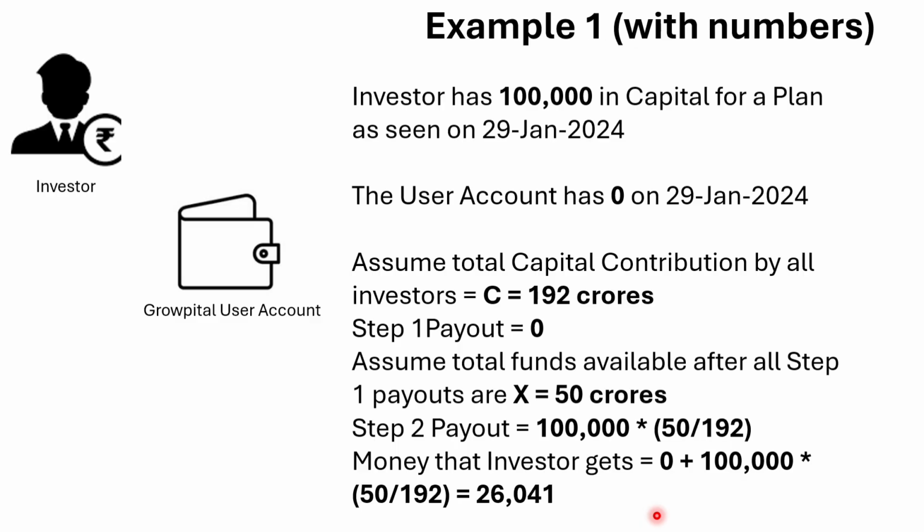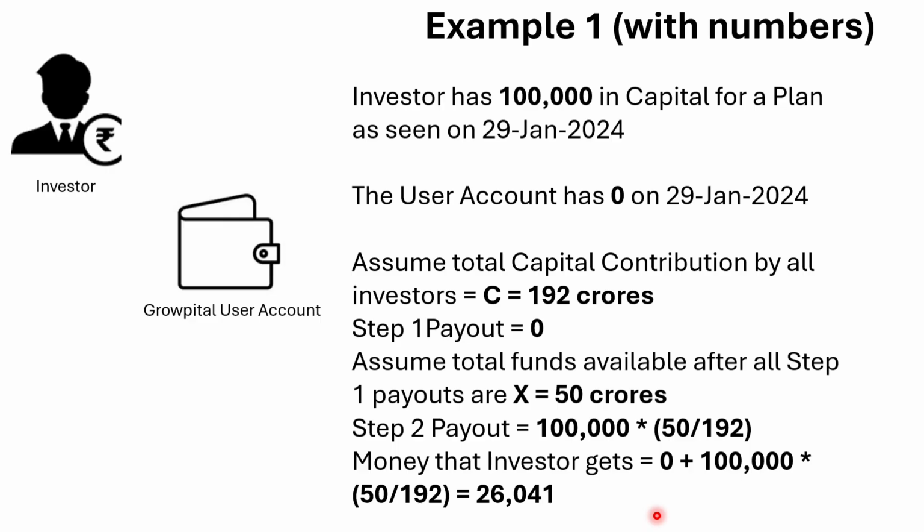So let's fill in the values of X and C as examples in this example 1. So again, the investor has 1 lakh invested in a plan. His user account has 0 on 29 Jan 2024. Let's assume that the total capital contribution by all the investors is 192 crores. The step 1 payout is 0 for him. And we are further assuming that out of the 52.5 crores of frozen money, 2.5 crores have been doled out to the investors as step 1 payouts, and therefore only 50 crores are left for the step 2 payouts.